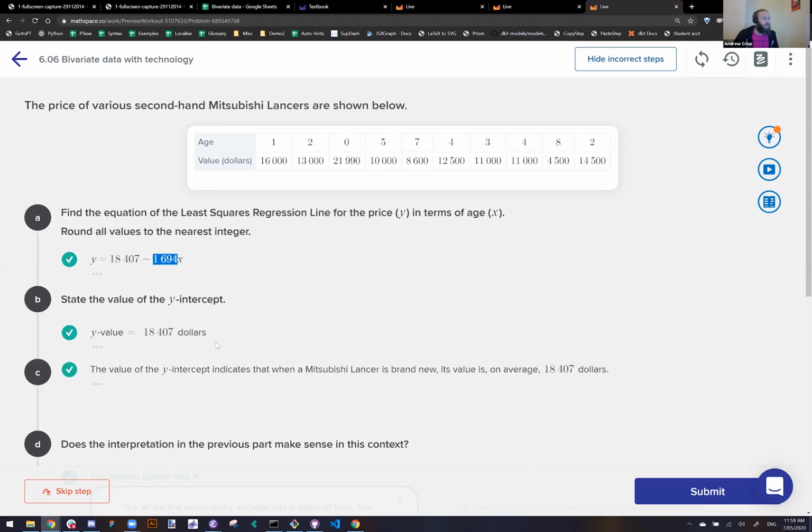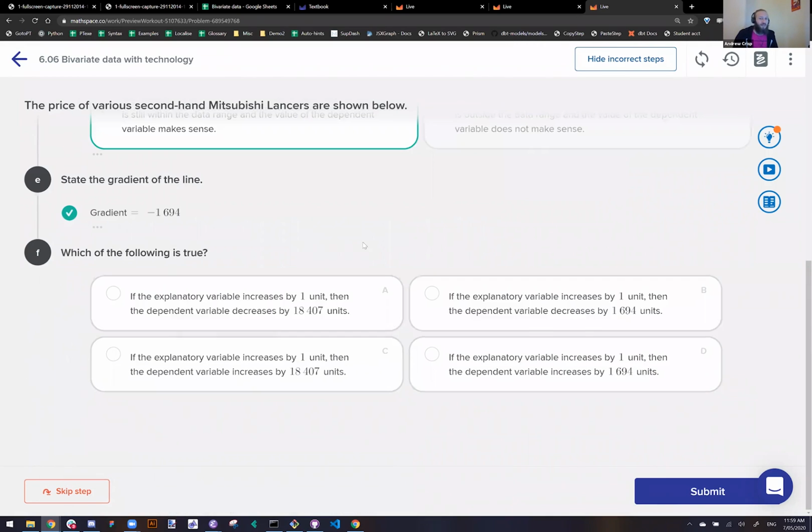Now, of course, there are limits. A 100-year-old Mitsubishi Lancer, probably not going to work in this context, but we can think about it as being each time the top variable goes up by 1, the age goes up by 1, the value goes down by this amount. Let's see if we can find an option that says that.